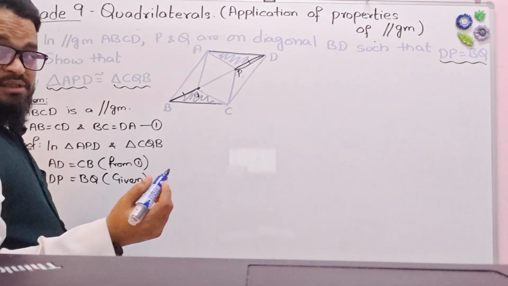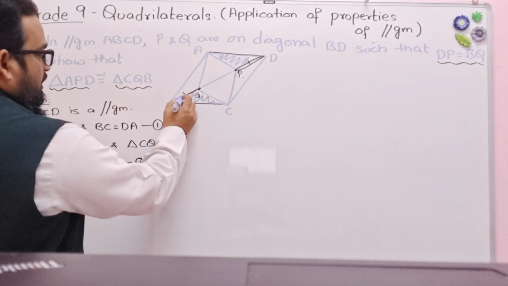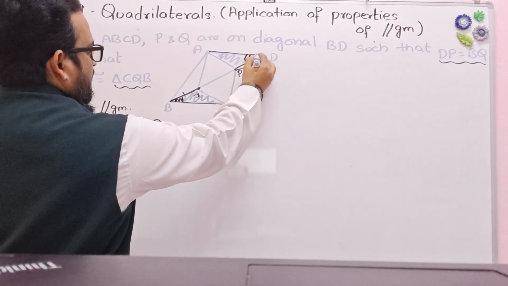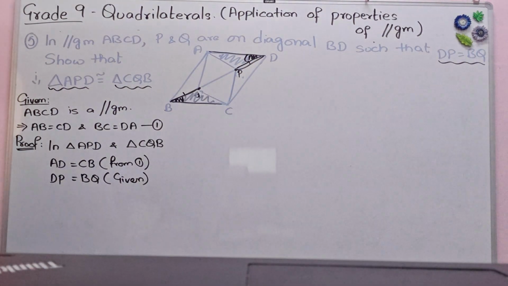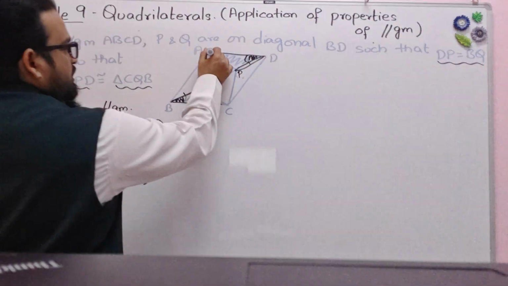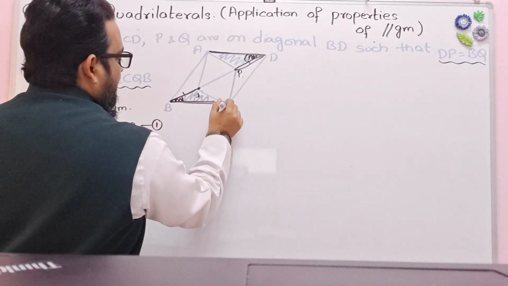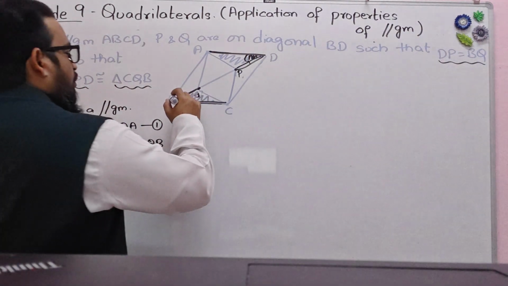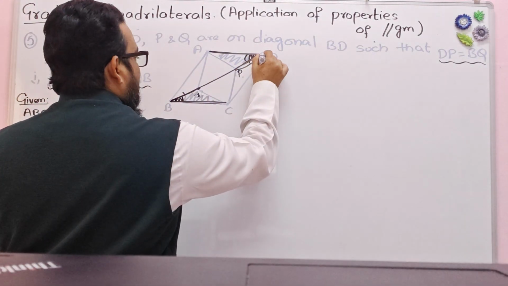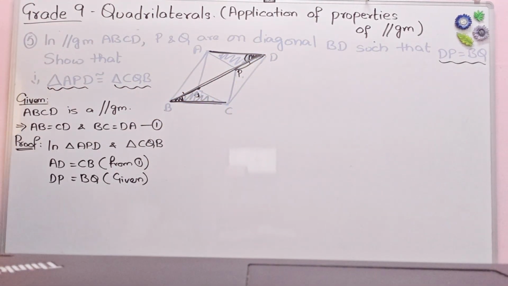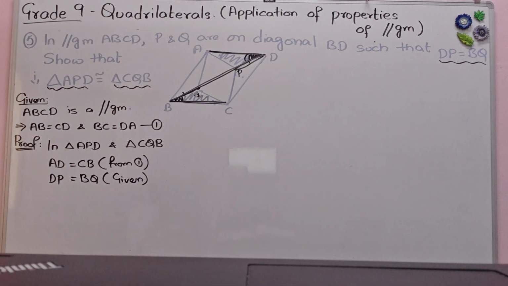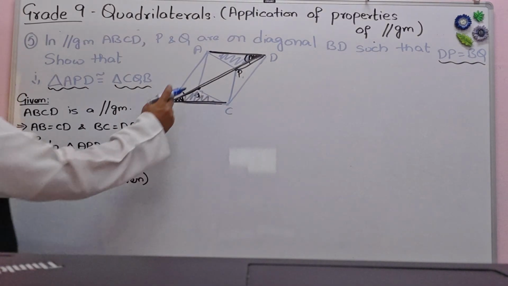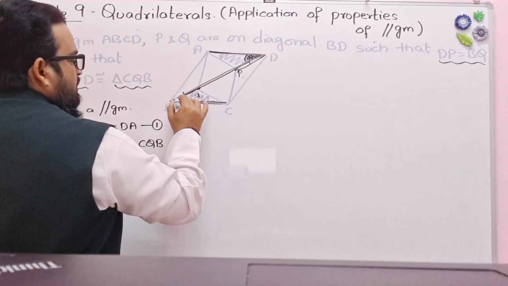Let us go for angles. Since we have these two sides, try with these angles. Are these two angles equal? Yes sir, these two angles are equal. Why? Because AD and BC are parallel, being sides of a parallelogram. And what do you say about this line? The line intersecting two parallel lines is called a transversal. So if this is a transversal, what are these two angles?